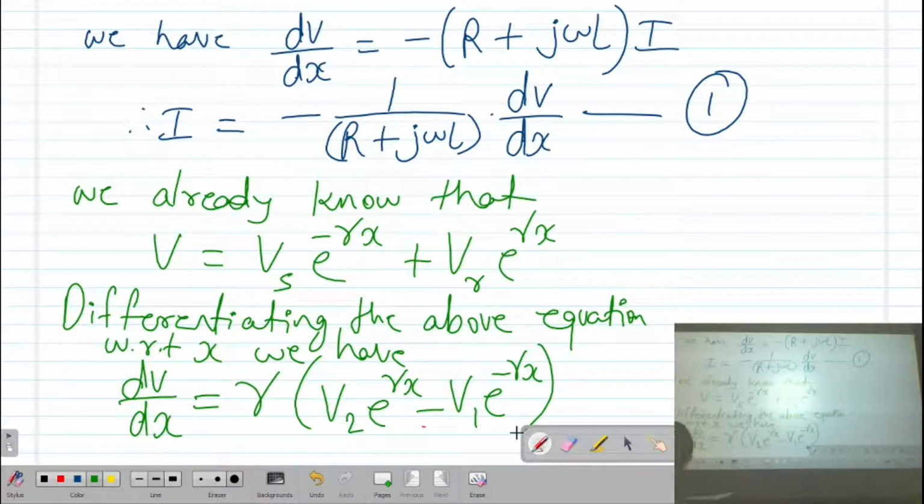Differentiating this equation, you will get this, right? Instead of Vs we have written V1, and instead of Vr we have written V2. This Vs is nothing but the incident voltage, and Vr is the reflected voltage. Okay, don't get confused because we are now writing in terms of voltages V1 and V2.